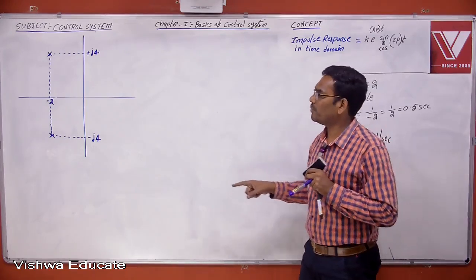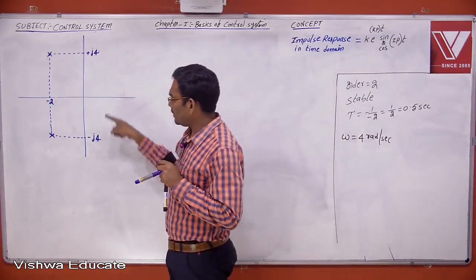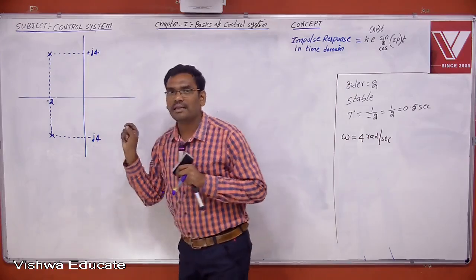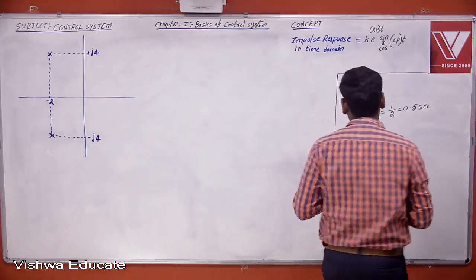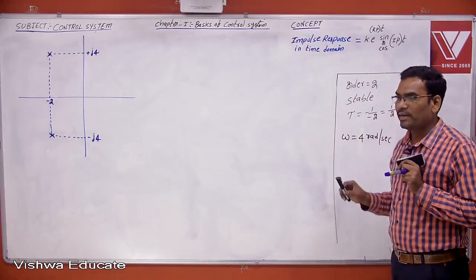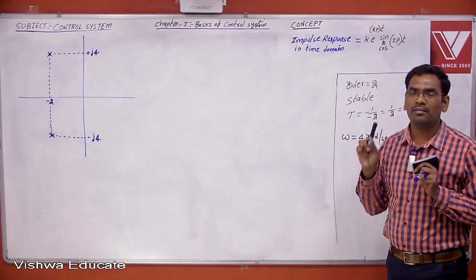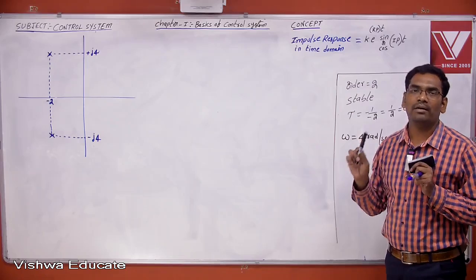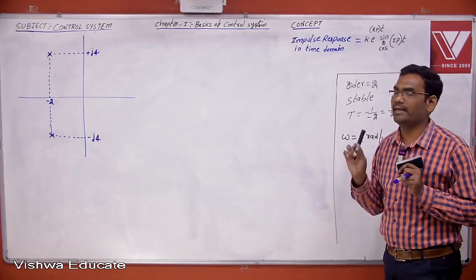But in this problem, there is an imaginary part, which means definitely the frequency of oscillations is present. Not only that, definitely there is a sine or cos term present in the response.